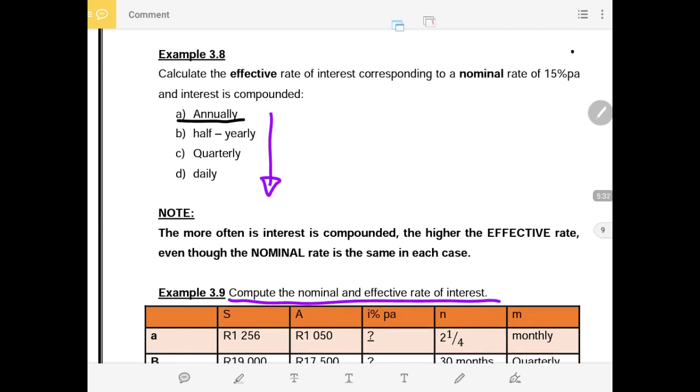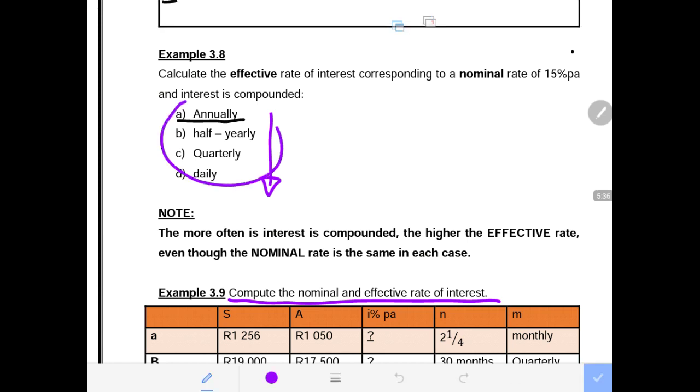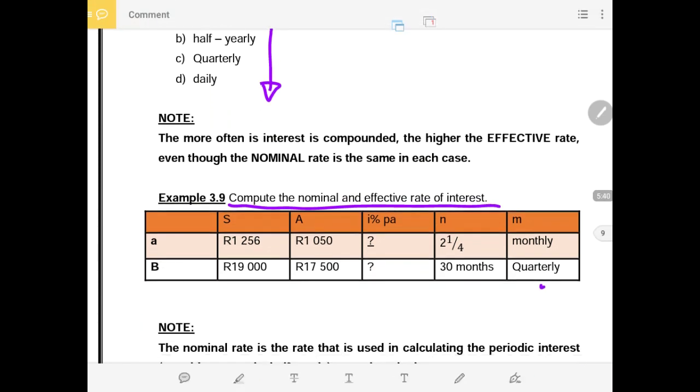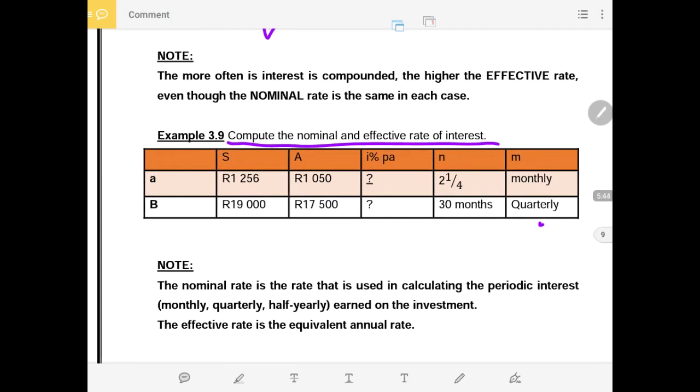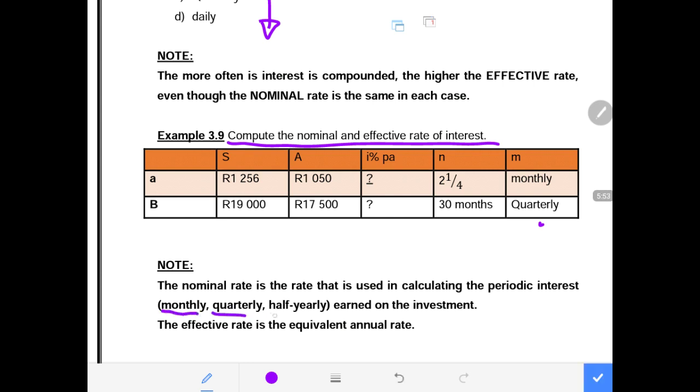We converted based on the number of compounds from number A up to number D. In this case, we are not doing the conversion. We are just calculating the nominal rate, but we need to have at the back of our mind an effective rate. We need to have at the back of our mind the theory that nominal can be monthly, quarterly, half yearly, or any number of compounds in a year, but the effective must be an annual equivalent.